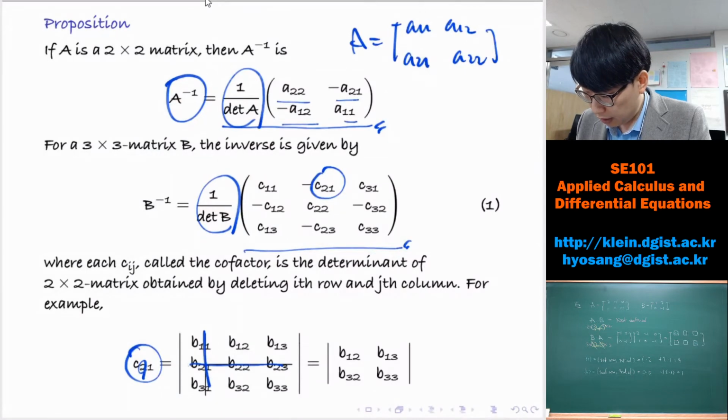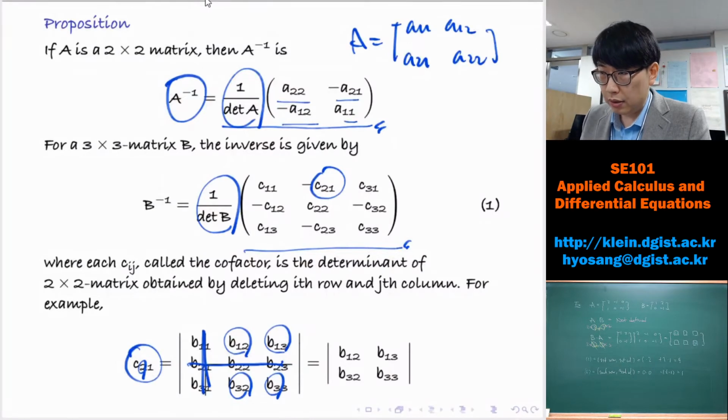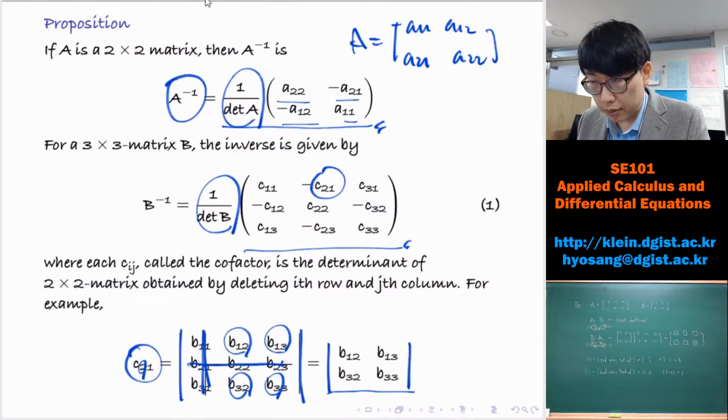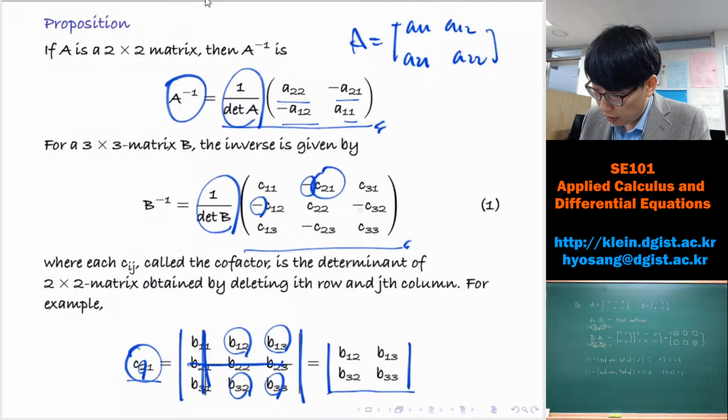After deleting the second row and first column, I get these 4 entries, which form a 2 by 2 matrix. Because I just deleted 1 row and 1 column, it's still a square matrix. So the determinant, and this bar represents the determinant of the matrix, is the value of C21. Also, the elements of B inverse are not simply the Cij's, because I have negative signs here. The negative signs are alternating: positive, minus, positive, minus, this way.